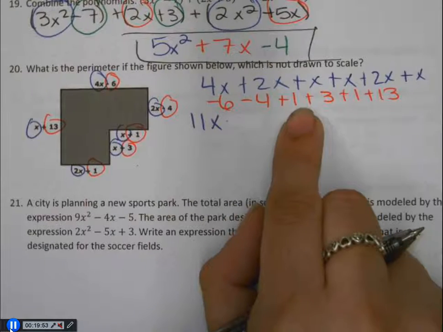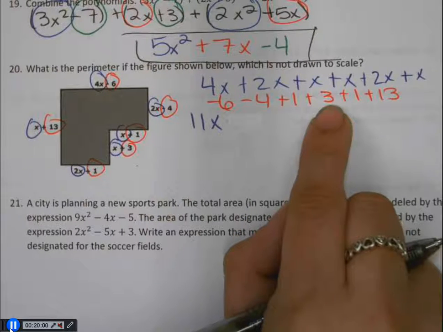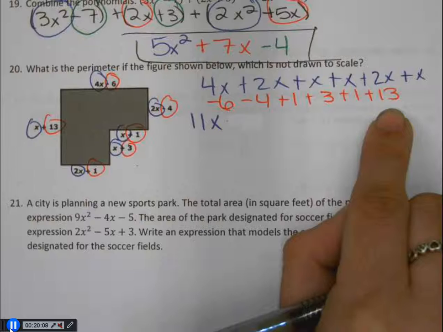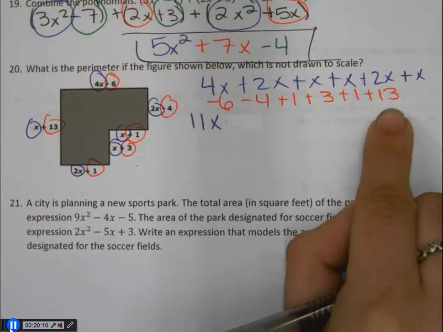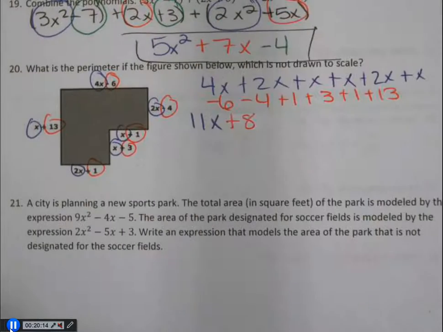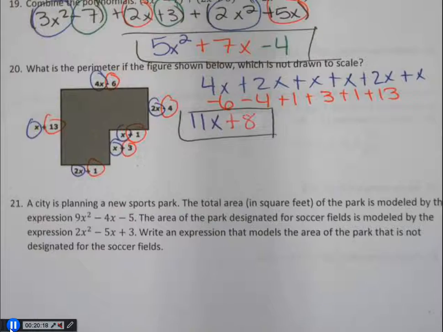Negative 10 plus 1. Negative 9 plus 3. Negative 6 plus 1. Negative 5 plus 13. You can put that in the calculator. Positive 8. Questions on 20.